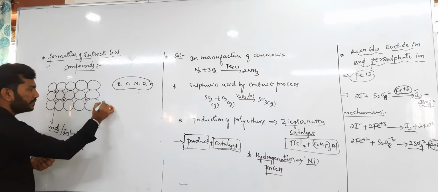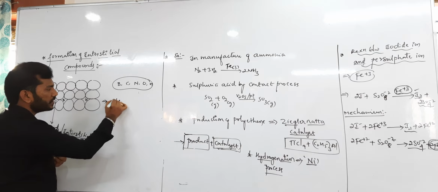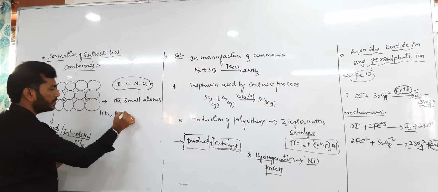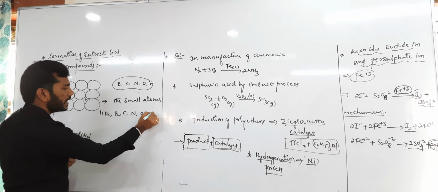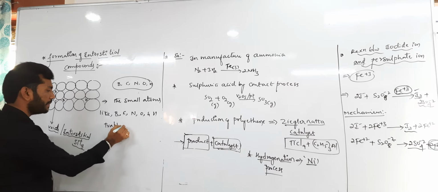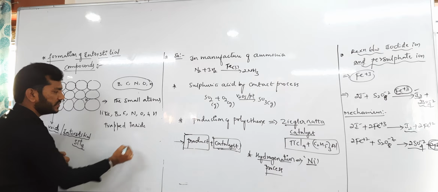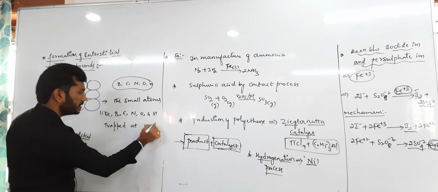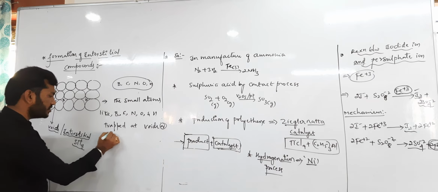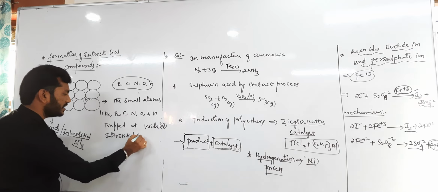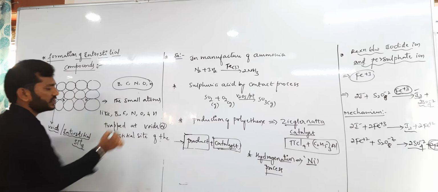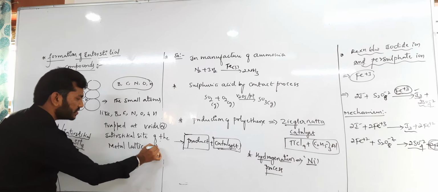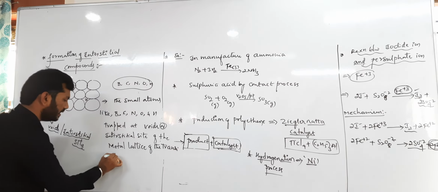Okay, so let us write that. Okay, so the small atoms like boron, carbon, nitrogen, oxygen and hydrogen trapped at voids or interstitial sites of the metal lattice of the transition elements.